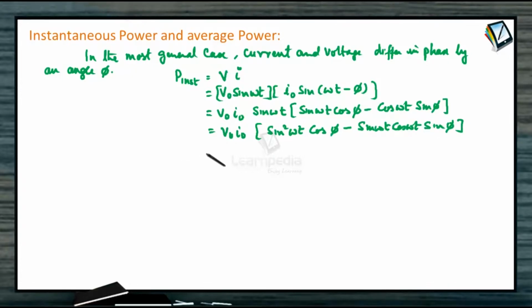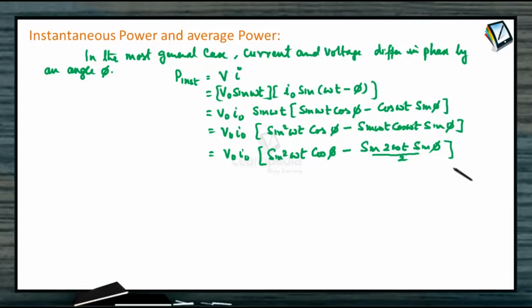So instantaneous power we can write as V naught I naught sine square omega t cos phi, plus this we can expand and write as 2 sine omega t cos omega t sine phi by 2, which is sine square omega t cos phi minus sine 2 omega t sine phi by 2.